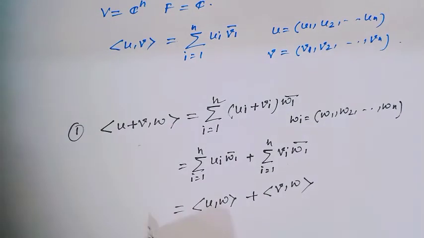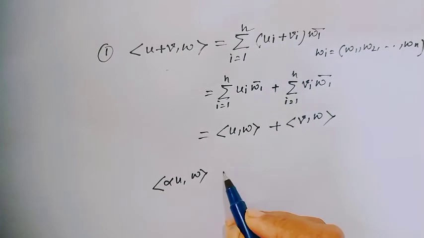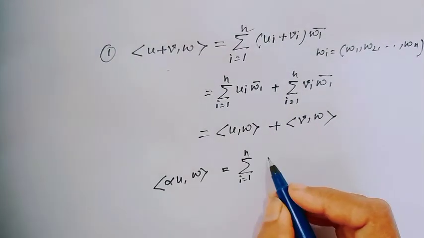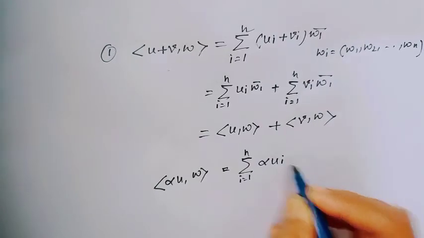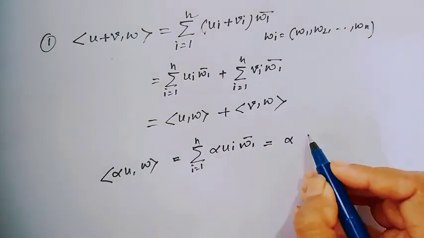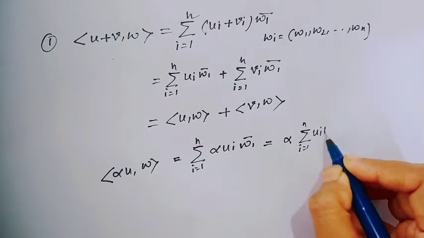Therefore, the condition of linearity has been satisfied here. The next condition of linearity is the inner product of alpha u comma w, which is equal to summation i equal to 1 to n of alpha ui times wi bar, which we can write as alpha times summation i equal to 1 to n of ui wi bar.